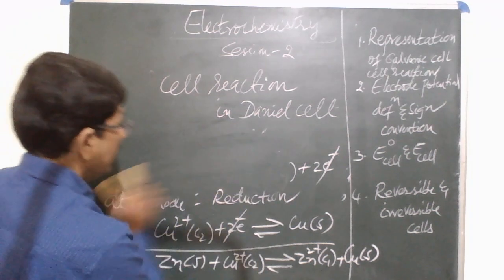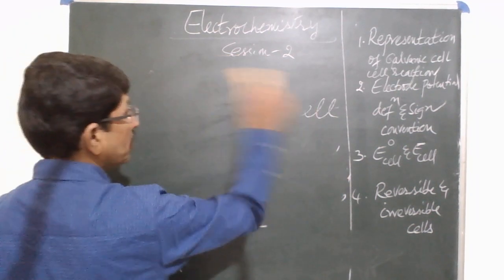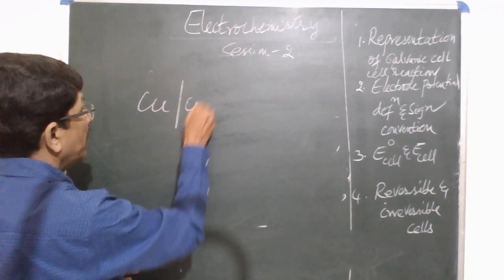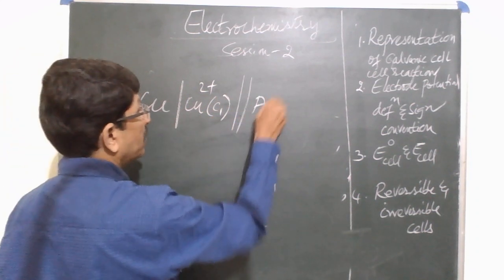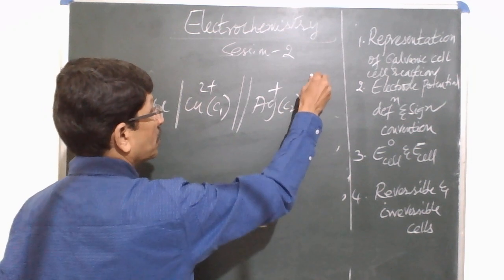Similarly, if we consider the copper-silver electrode system, copper acts as the anode, so it is written first, and silver acts as the cathode, and it is written next to that.